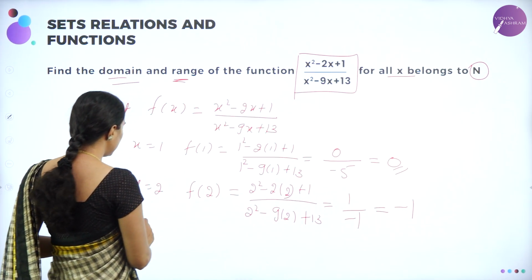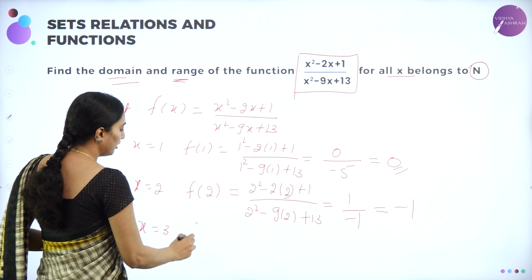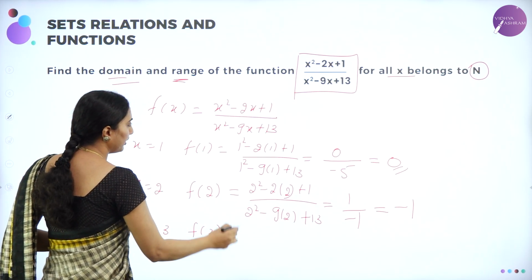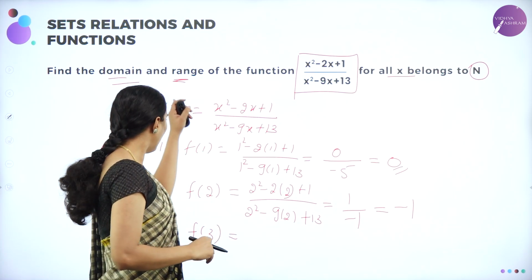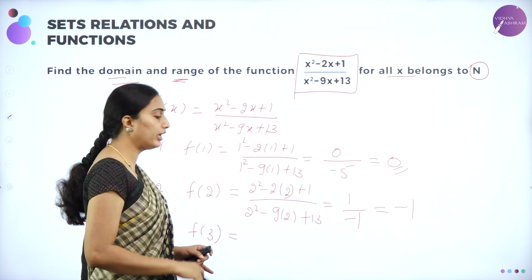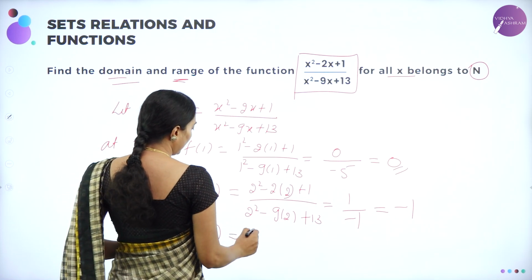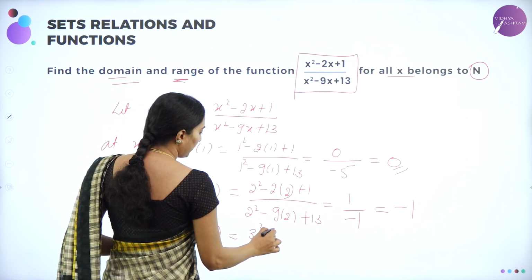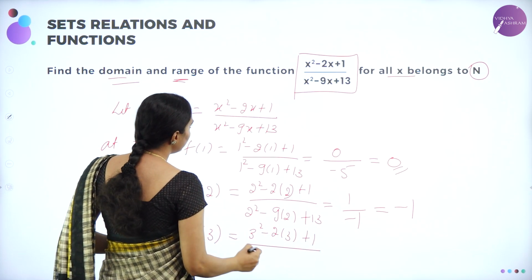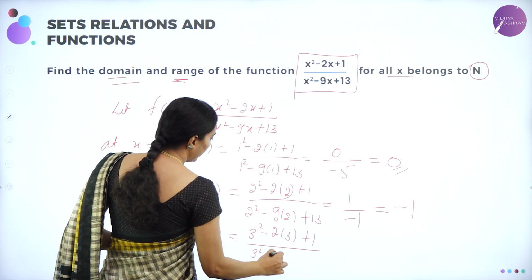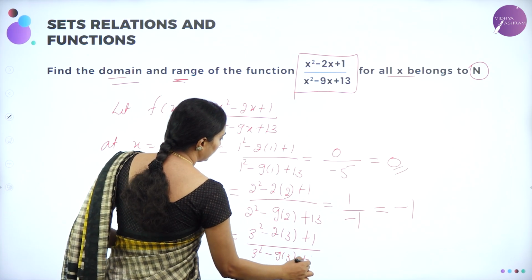You can calculate still if you want for x equal to 3. So f of 3, because they have given here set of all natural numbers, which is infinite. Therefore, y value also will go infinite terms. So here let me calculate for 3 now. 3 squared minus 2 into 3 plus 1 divided by 3 squared minus 9 into 3 plus 13.